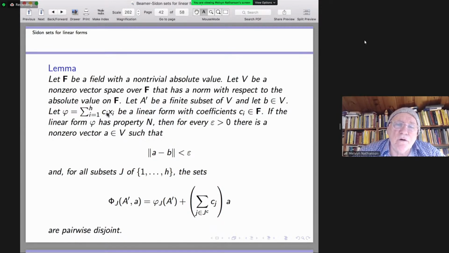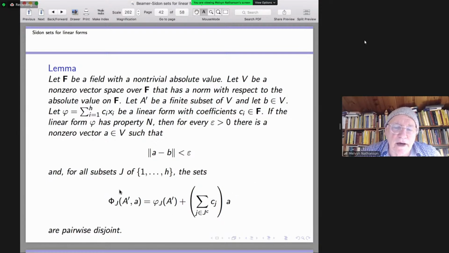You have this linear form phi with coefficients in F. So if this form has property n, again, this property that the coefficient subset sums of the form are distinct, then for every epsilon greater than 0, there's a non-zero vector A such that with respect to the norm, A is within epsilon of B. And for every subset of the index set 1 through H, these contractions, phi sub j of A prime A, are pairwise disjoint.